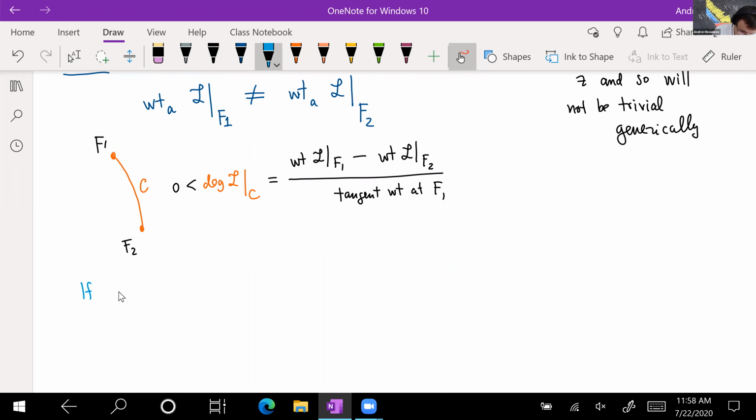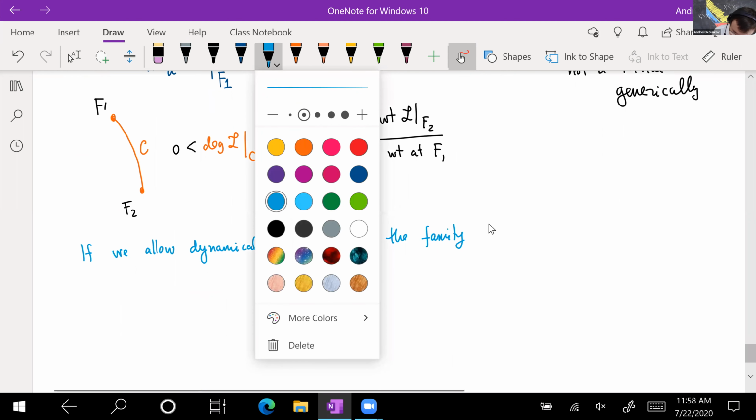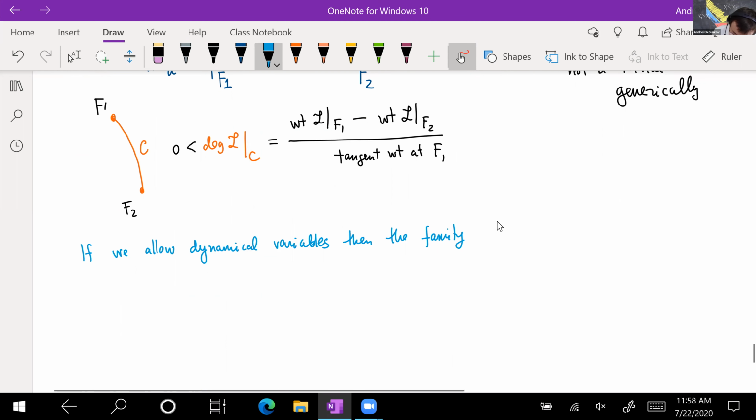If we allow dynamical variables, then the family that we're trying to prove, of which we only computed that the family of this S restricted to whatever fixed locus is non-trivial.